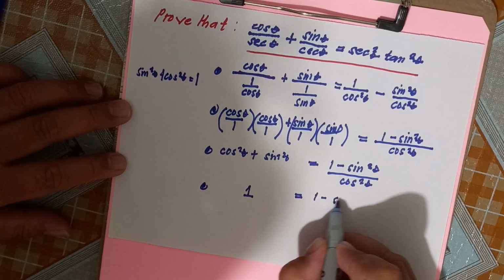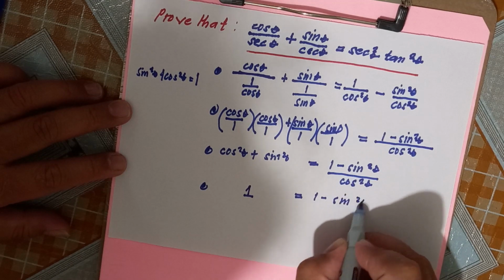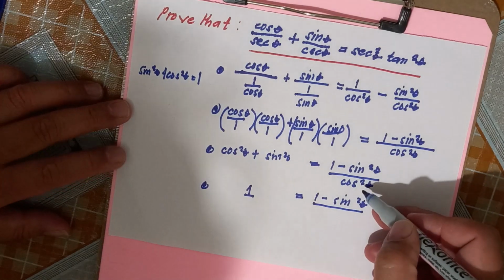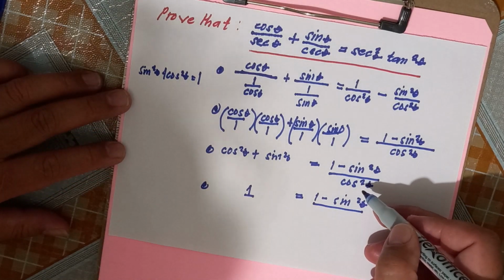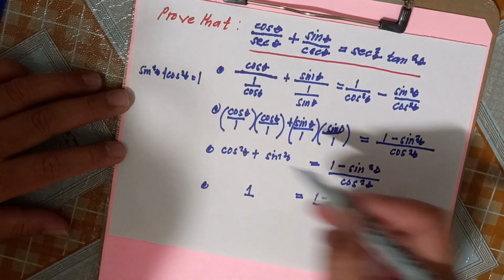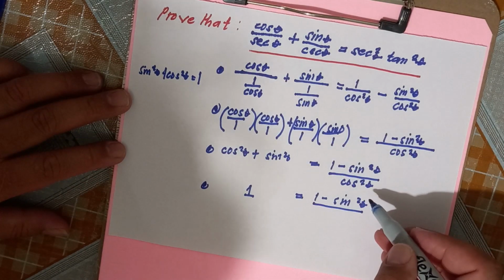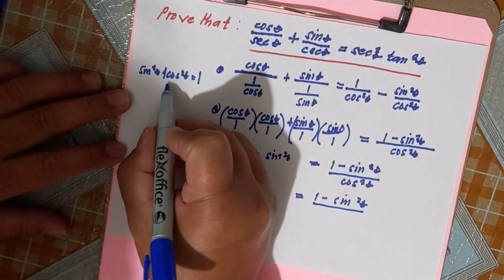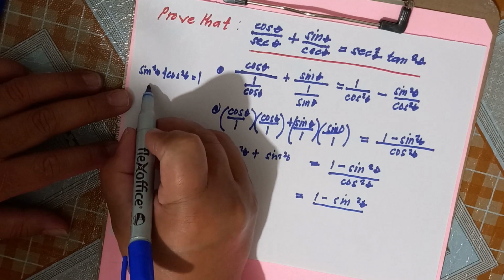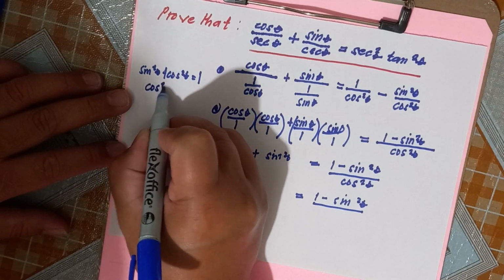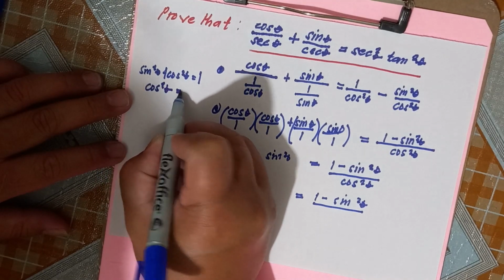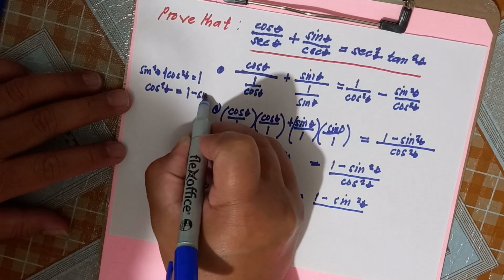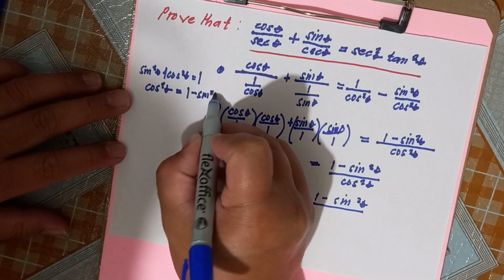1 minus sine squared theta must be simplified with the new definition. Again, applying the Pythagorean identity, cosine squared theta can be derived from this: cosine squared theta has a value of 1 minus sine squared theta.